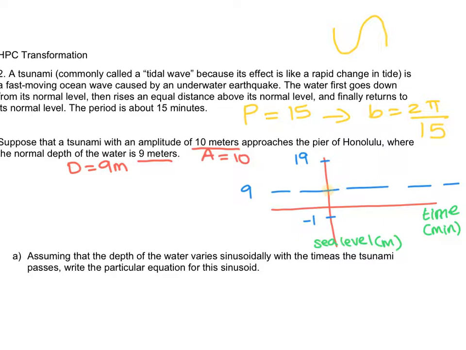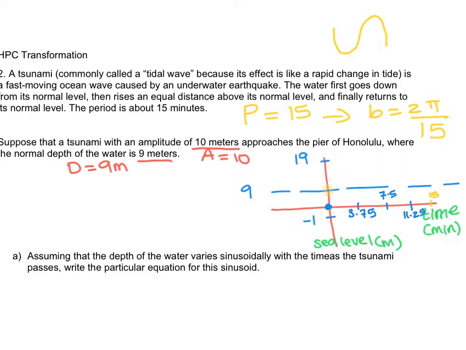And now they said that the period is 15, so it's going to be from 0 all the way to 15. Now what's halfway between 0 and 15? That's going to be 7.5. And then what's halfway between 0 and 7.5? That's going to be 3.75. And what's halfway between 7.5 and 15? That's 11.25.